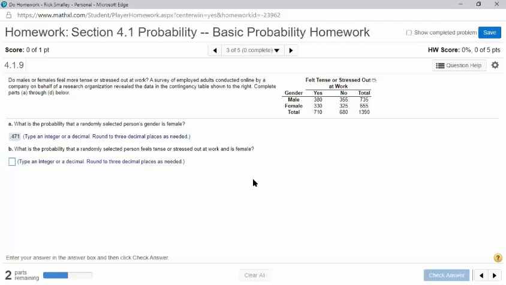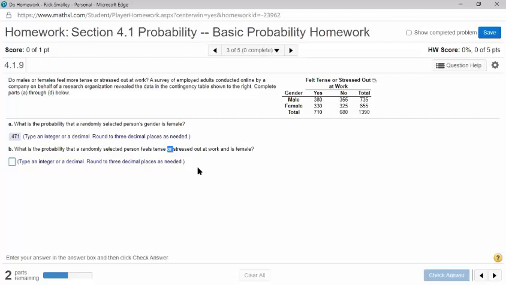Stressed out, feels tense, or stressed out at work. That's all. Oh, yeah, you've got to be careful here. I don't like the wording on this so much. I almost misread this. See that? Don't confuse that "or" with the probability "or." I hate when that stuff happens. The key word here is the "and."